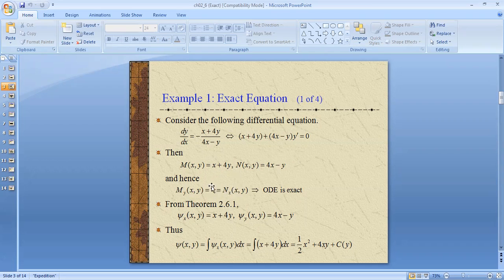These two partial differentiations are equal to 4. This is why the ordinary differential equation of first order is exact, according to the previous example and according to our definitions.